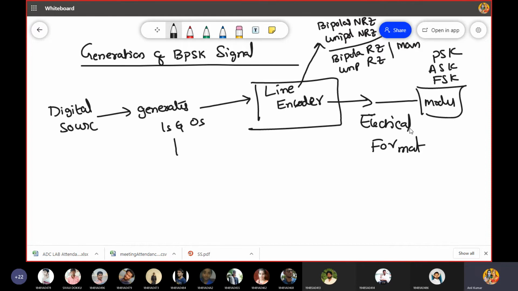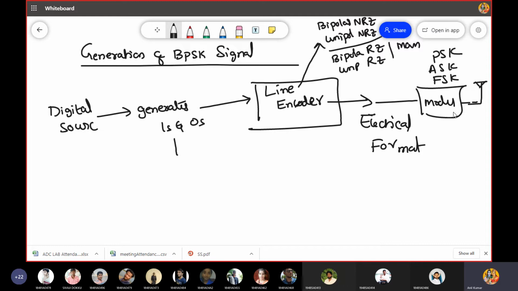Three different modulation techniques are there. The electrical signal is modulated by any digital modulation technique and then transmitted over the space. It is given to the transmitting antenna. These are the various steps involved in the generation of the modulated signal.